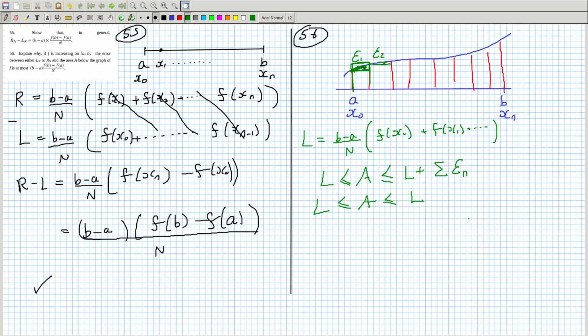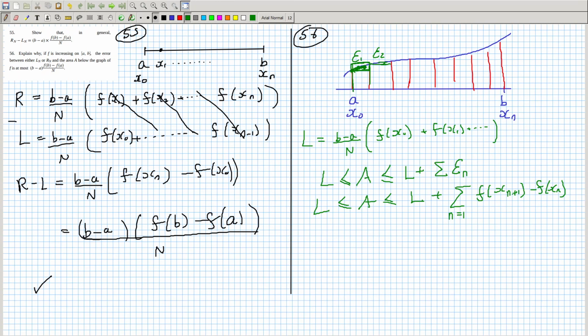So that would be the difference in the height. So that would be f(n plus 1) minus f(n). And n starts, let's just be clear, at 1.